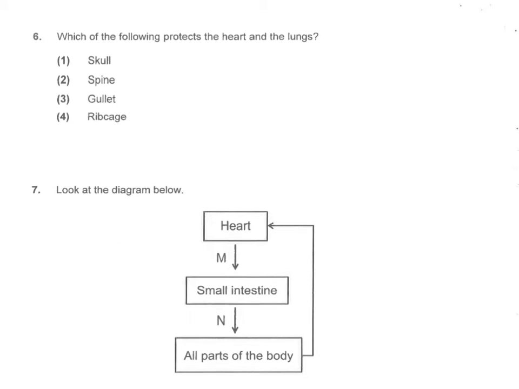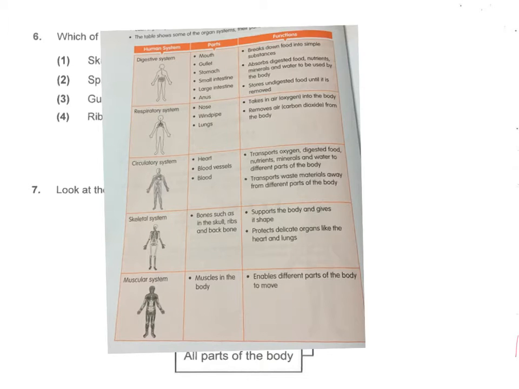Question 6. Now, which of the following protects the heart and the lungs? So, now for this question, I've put out this important diagram for you regarding the different organ systems in the body. So you realize that to protect the heart and the lungs, or what we call a delicate organ such as heart and lungs, we need the rib cage.